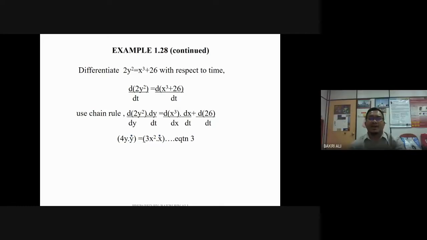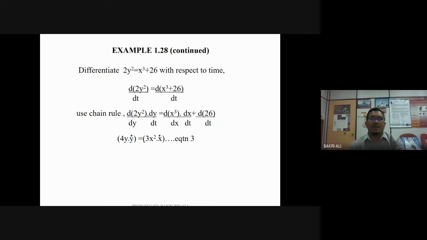And for the right hand side as well, dx cubed over dt, we cannot differentiate directly. So we differentiate x cubed with dx, multiply with dx over dt, and this is a constant, d 26 over dt, we can just differentiate directly with dt, so that will give 0.